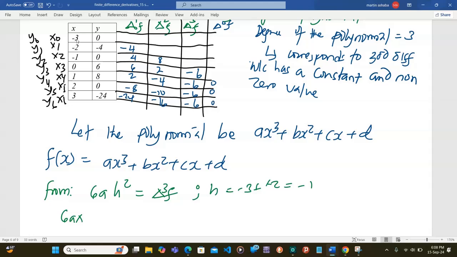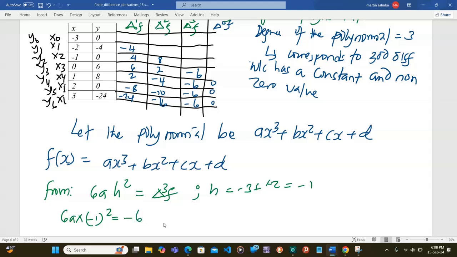H is a step size in x values from 3 to 2, from 2 to 1, from 1 to 0, from 0 to 1. We see there is a difference of 1. So we are going to have -1 squared. Even if we put 1, it is okay because the step size is just a magnitude, an absolute value in other words. So 6a times h squared is equal to -6.